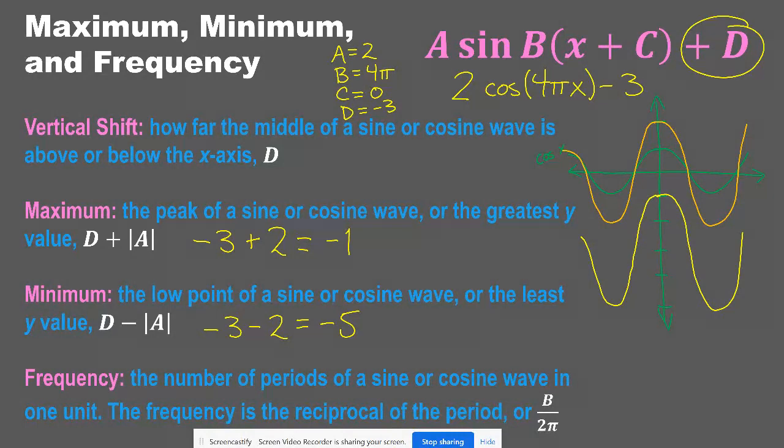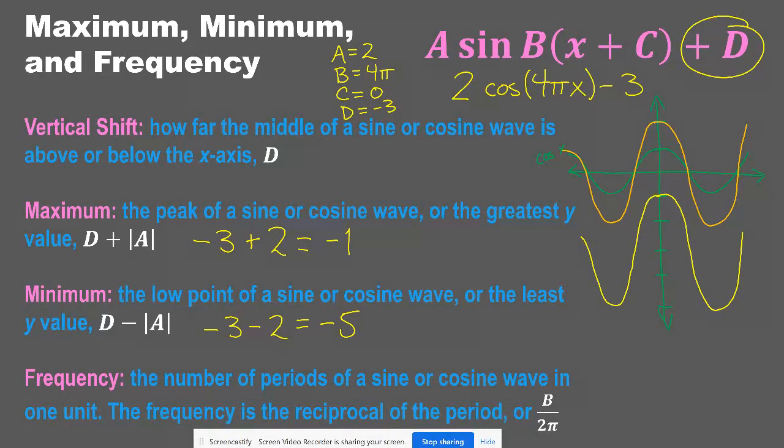And that's the number of periods in one unit. So for a standard sine or cosine graph, that's going to be like a weird fraction with pi in it because it does not complete a cycle before you get to 1. But in word problems, that's something that's going to be very helpful to find out. And you'll see that in a second, and it'll make more sense.